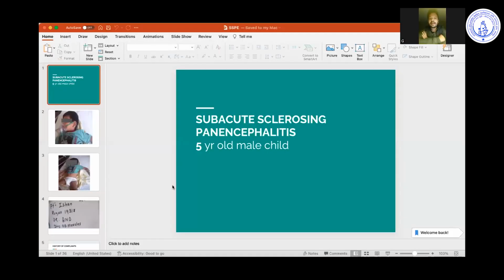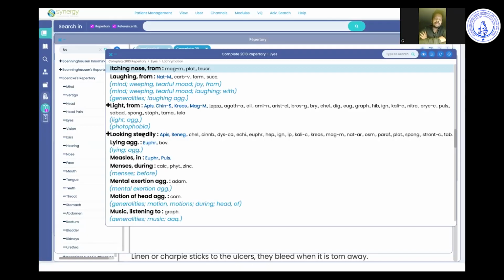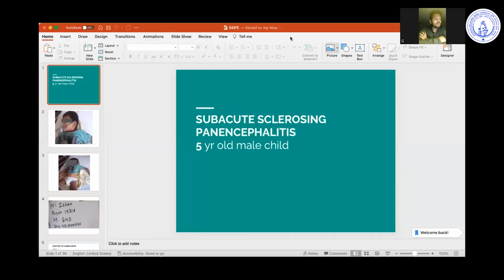So, first of all, I want to thank Antarbharti Homoeopathic Medical College and Hospital for inviting us to you guys. And I hope that all of you are doing well. And I hope that the homeopathic studies there are very good. So we have a very good homeopathic team here in Mumbai.